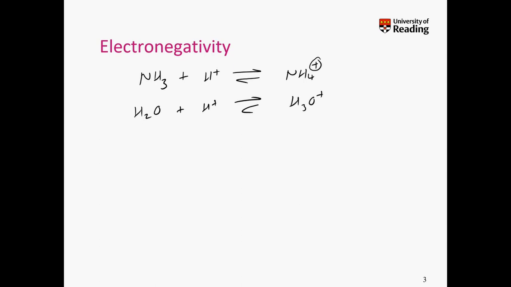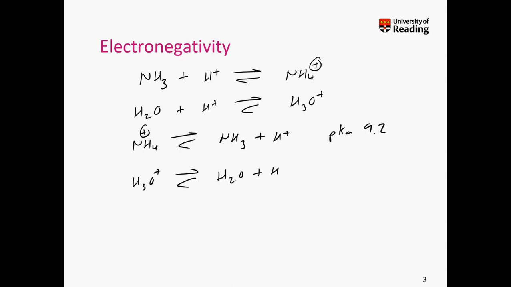So we're going to do this in pKa value again. So if we think about the NH4 plus, the pKa of that acting as an acid, so losing the proton, okay, the pKa of that is 9.2, and if we think of the water version, to give H2O plus H plus, that has a pKa of minus 1.74.